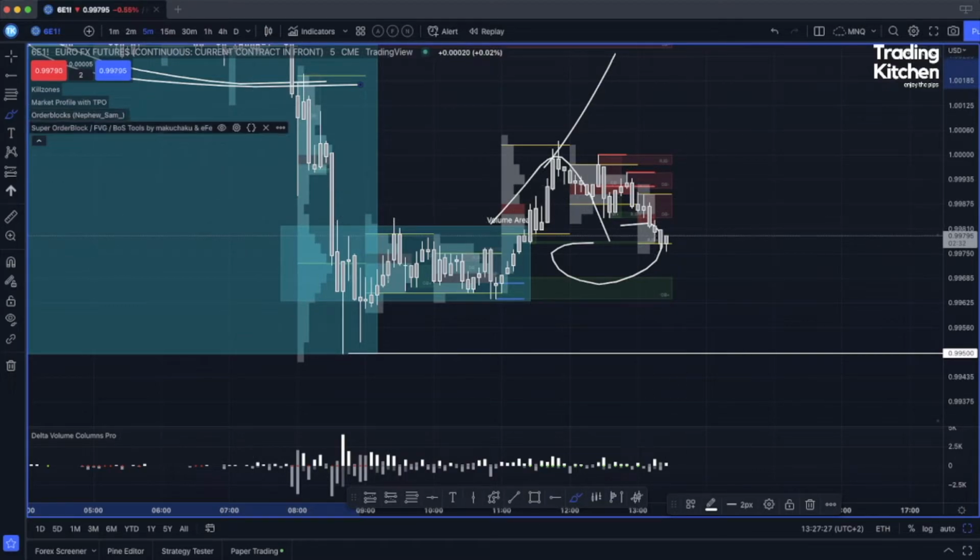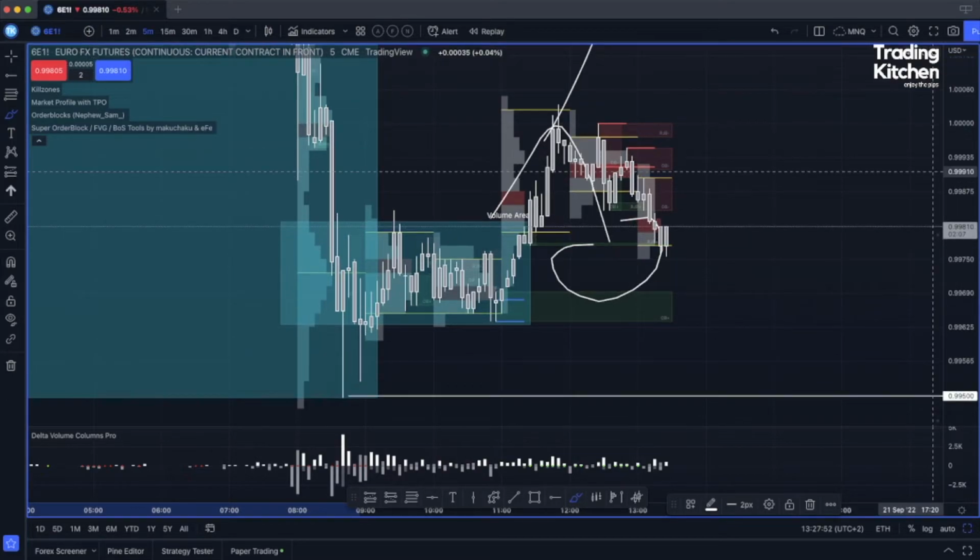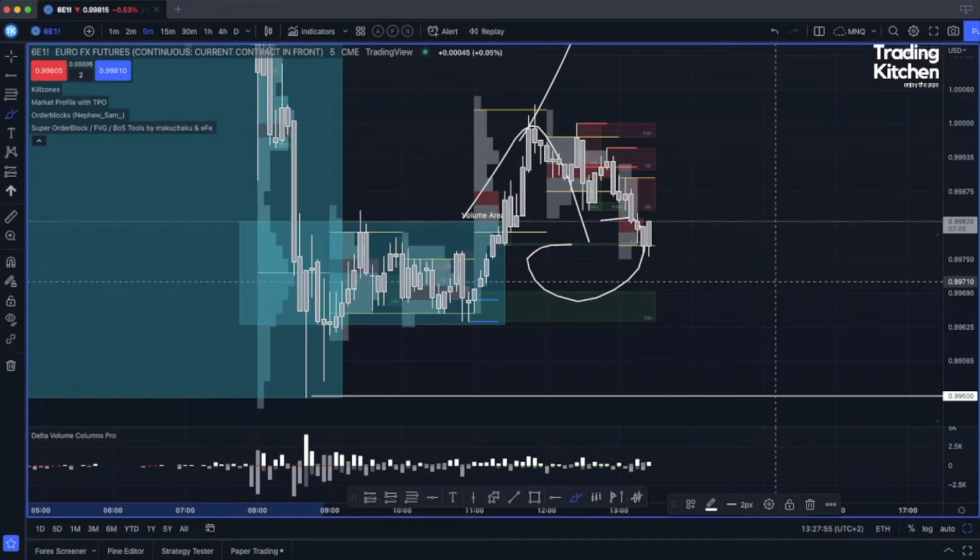The first one is order blocks by Nephew Sam, and the second is super order block, fair value gap and break of structure by Mako Chaku. They are very useful to easily identify the zone in which you have lots of orders, a lot of volumes, basically, and where price will probably re-enter.